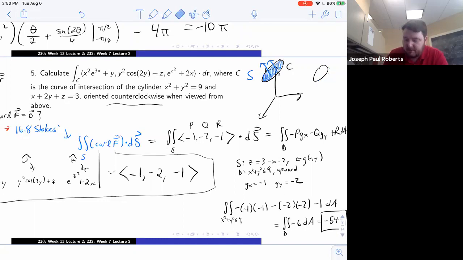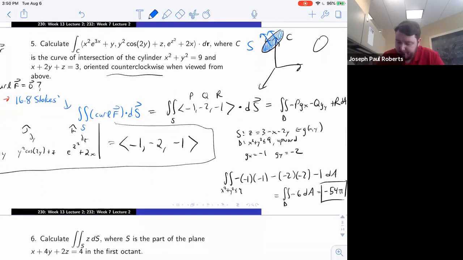You could have, I don't know, any way that you have soap stuck on that circle before it's detached and you've blown a bubble. But the simplest way you could attach soap to that would be to have S be a part of that plane that we started with.